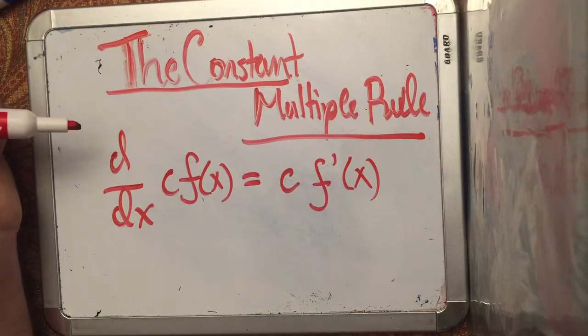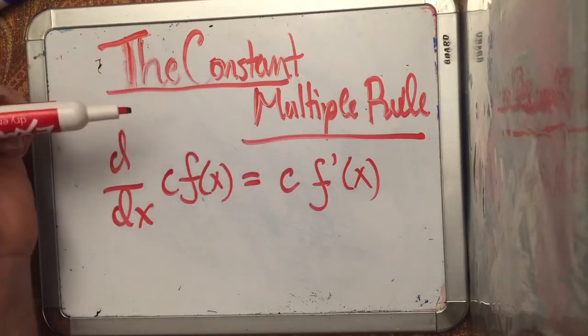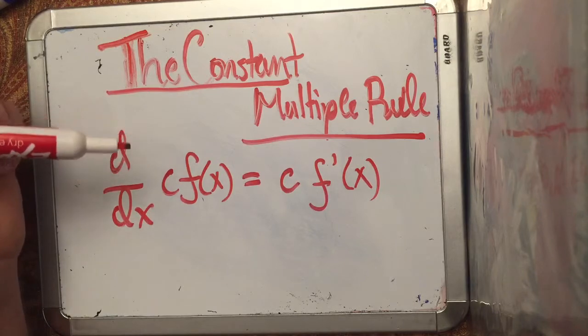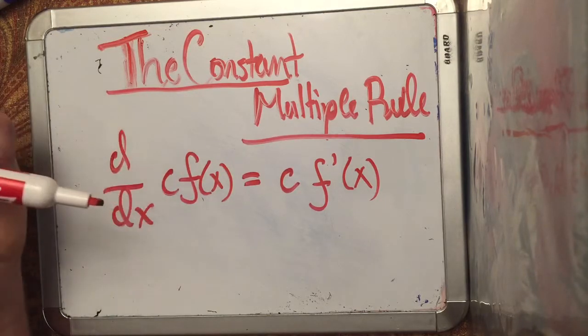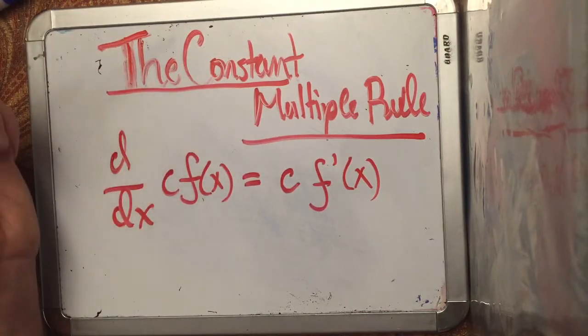And this is different from addition and subtraction, as if c was being added or subtracted to the function, because then you would take the derivative separately instead of together as all one thing.